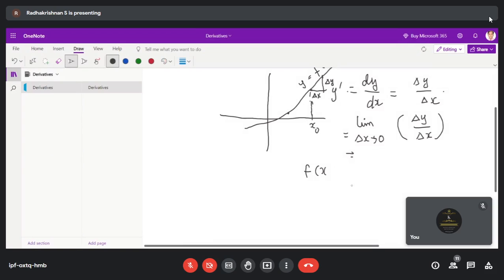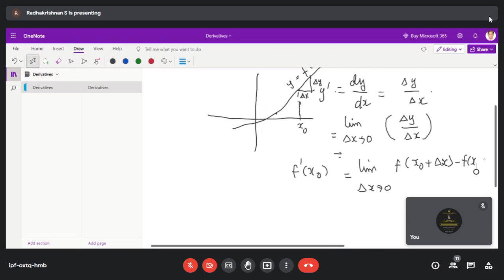Okay, so now f dash of x0 at that point is equal to limit of delta x tending to 0 of delta y, which is f of x0 plus delta x minus f of x0.